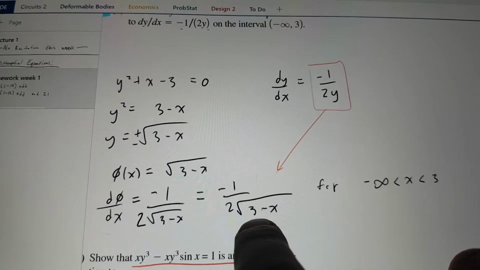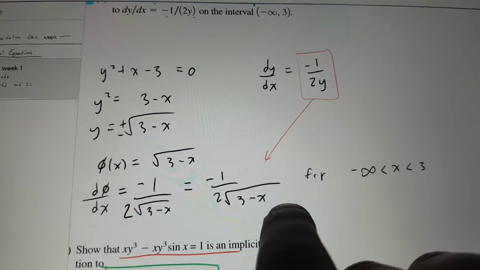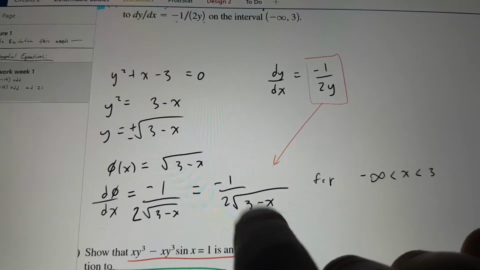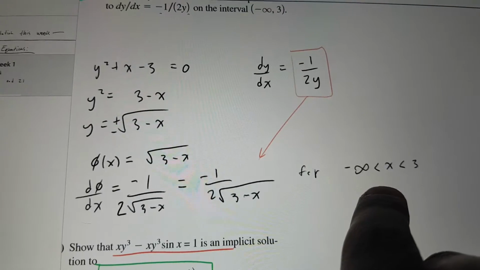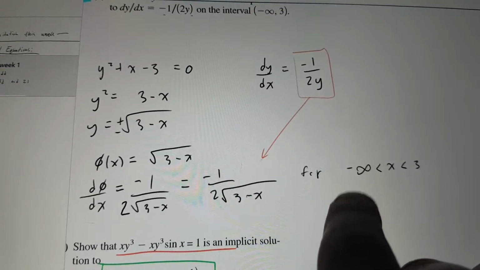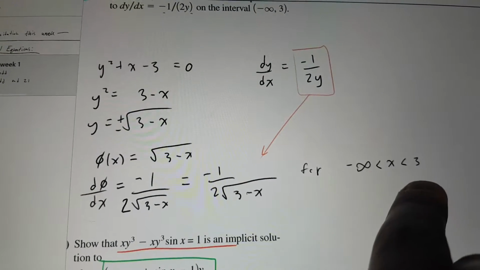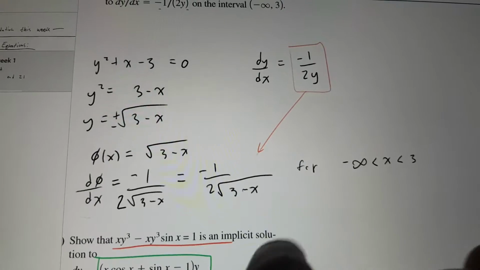Well, we're going to say that y in this case is this guy here. Y is going to be the square root of 3 minus x, and that conforms to this one here. And this works for x equals negative infinity, because this needs to be positive root, and when it's not defined at 3.